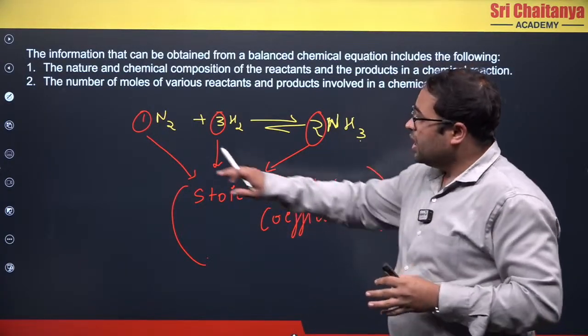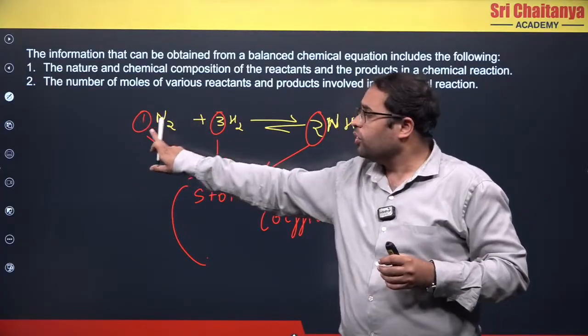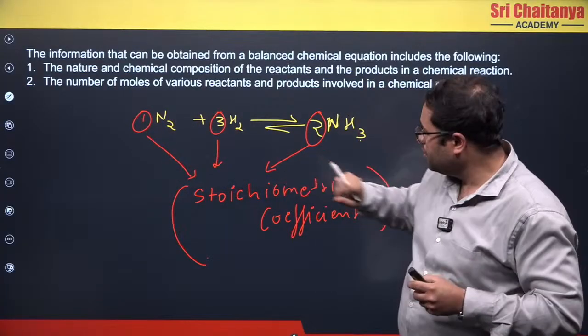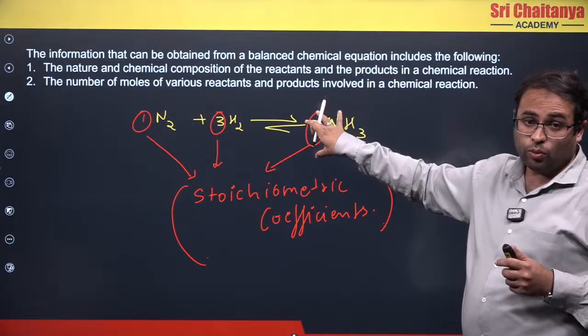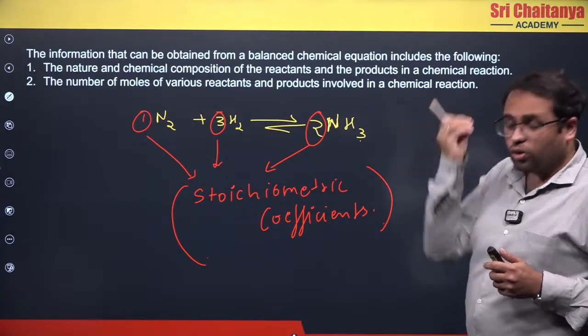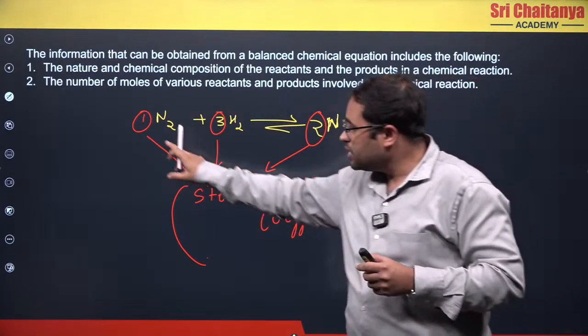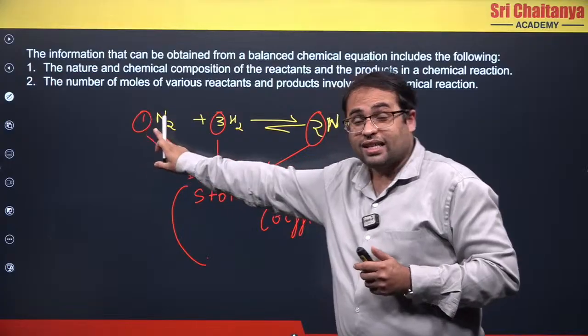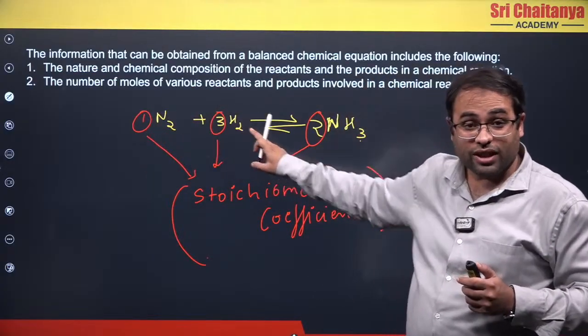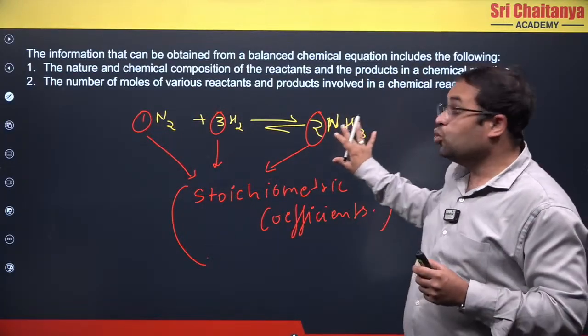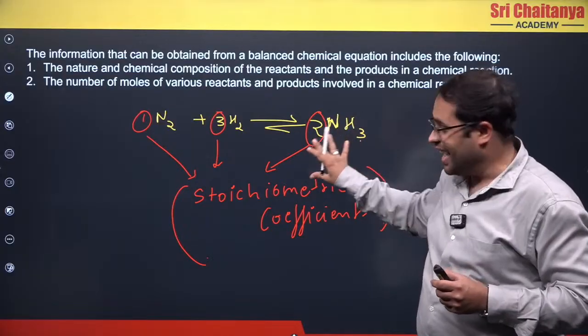The first meaning is that one nitrogen molecule reacts with 3 hydrogen molecules to form 2 molecules of ammonia. Not only that, it also means 1 mole of nitrogen gas reacts with 3 moles of hydrogen gas to give you 2 moles of ammonia gas, right?